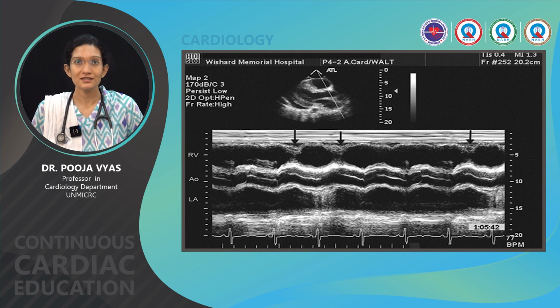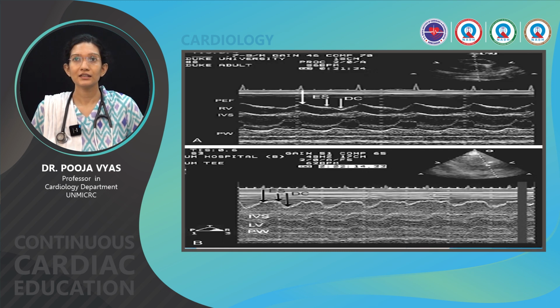So in this image we can see the M-mode, and there was a posterior movement of the right ventricle wall during the diastole. Here also this is an M-mode image which shows the diastolic collapse of the right ventricular outflow tract.